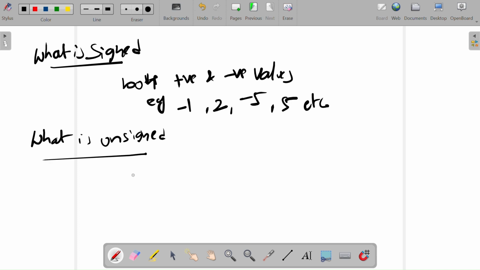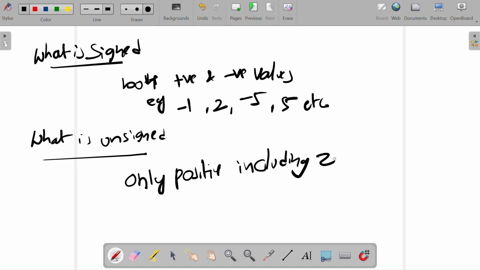Unsigned numbers are only positive numbers, including 0. Okay, this is a basic thing: what is signed and what is unsigned? Example: 0, 1, 2, 3, etc. Okay, next.